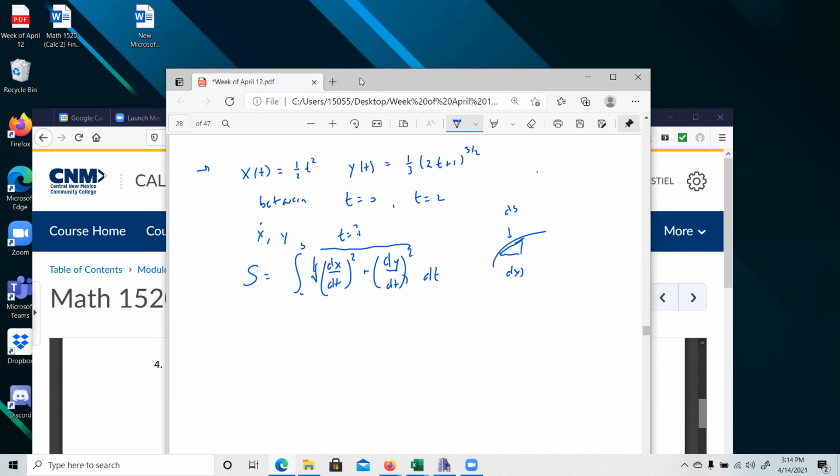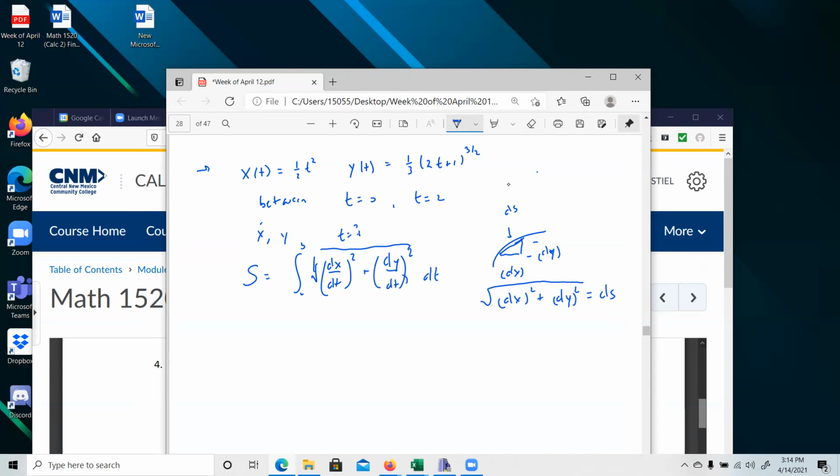Here's our dx, there's our dy, and we're just going to make this into a triangle and say this is the square root of dx squared plus dy squared, which is equal to ds. That's how we got this.